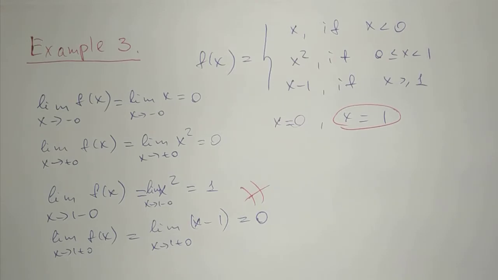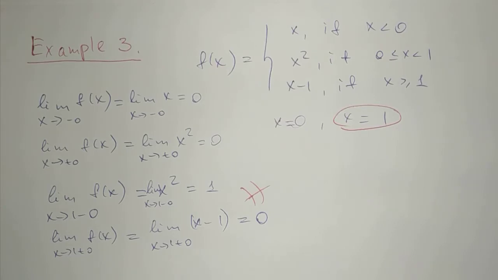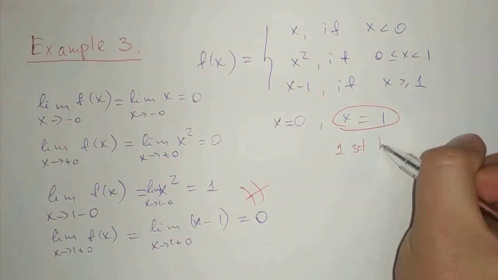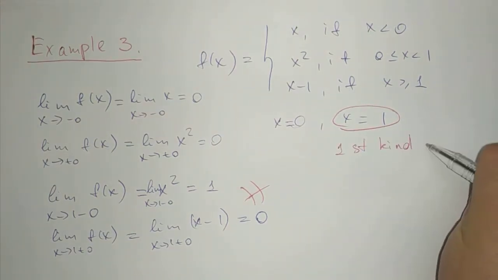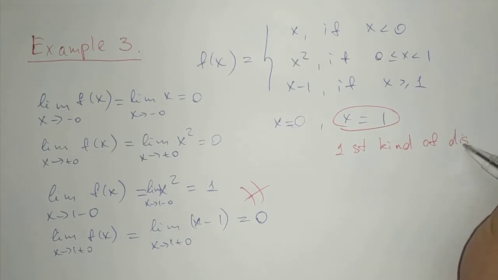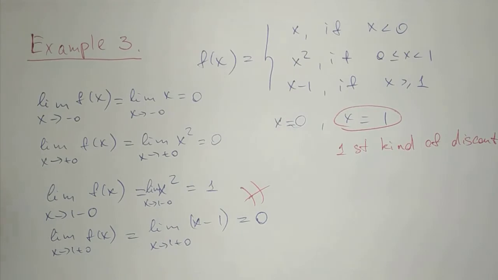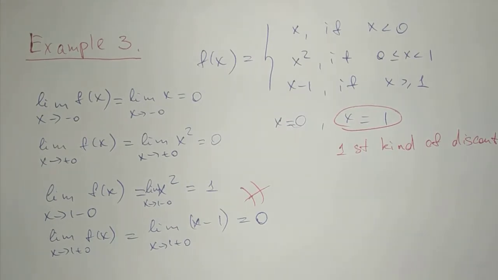That's why the point x is 1 is a point of first kind discontinuity.